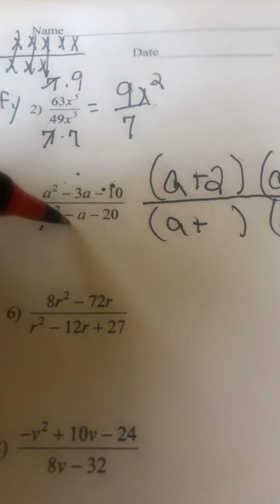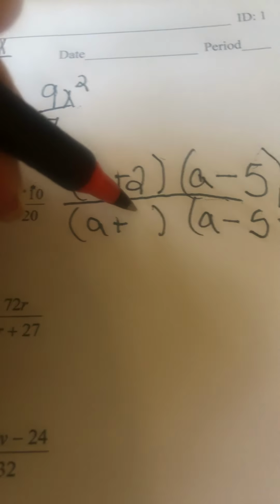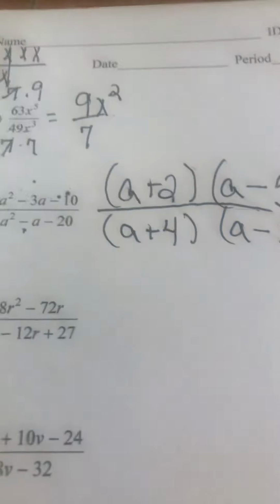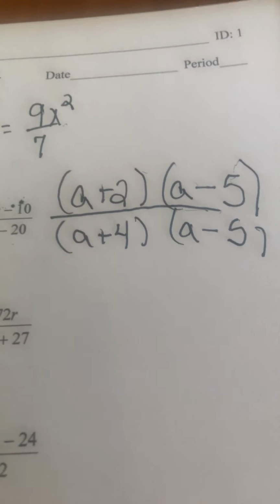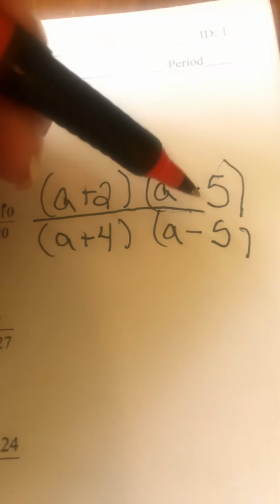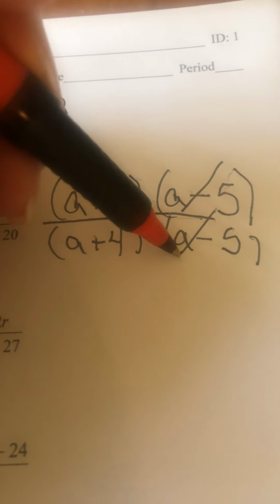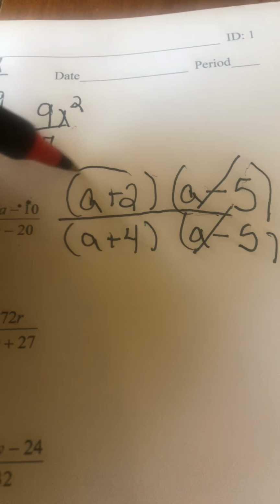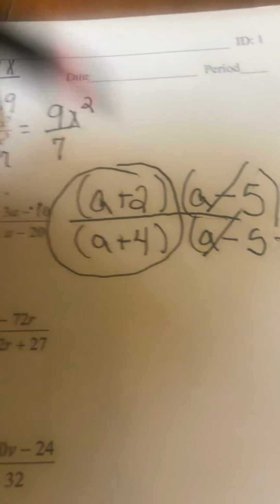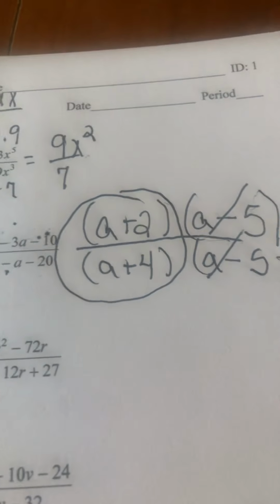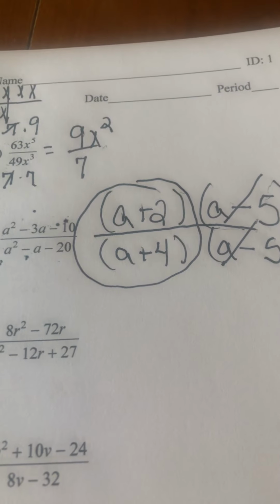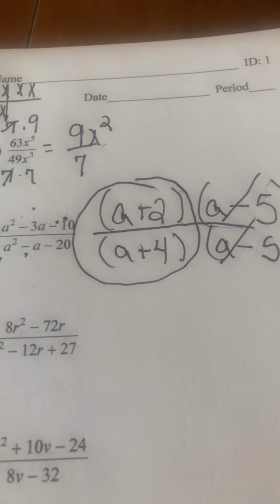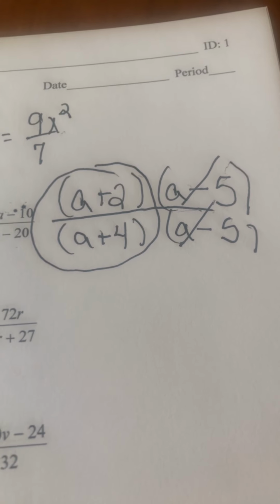Because this is a negative, the larger number is going to go here. So there we go. Now we have it factored, so what you can do now is cancel out your common factors, and your answer is going to be a plus 2 over a plus 4. That will be our solution here.